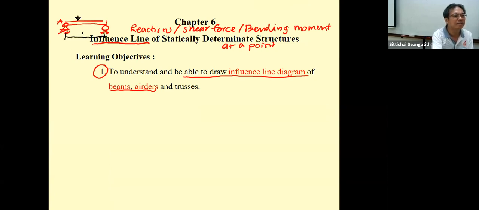Let's say this beam has a length of L. You set the reference line on the left, and you say this is X, going from the left to the right.